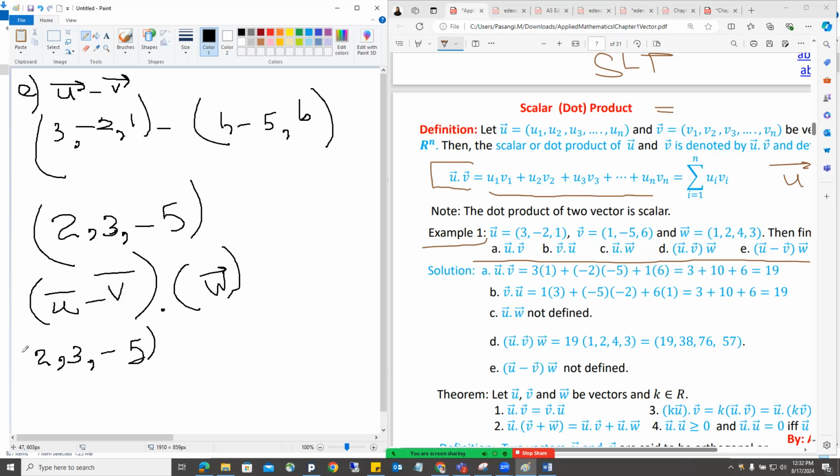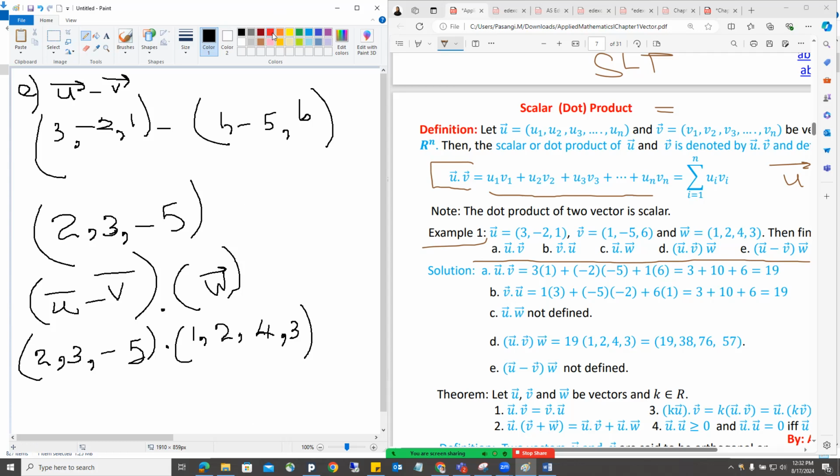The answer we received there, into the dot product of W, that is 1, 2, 4, 3. Now what will happen?